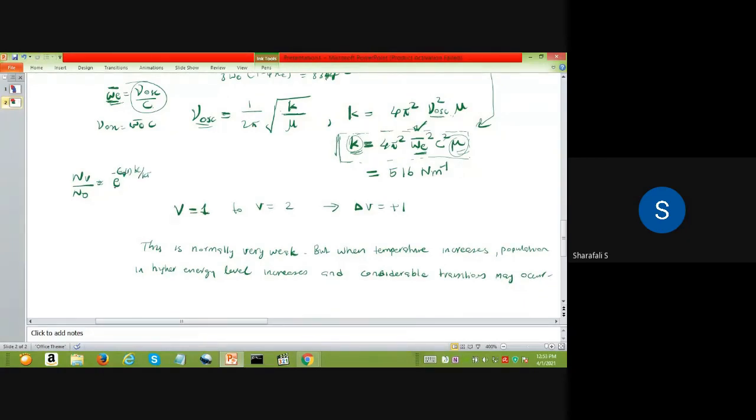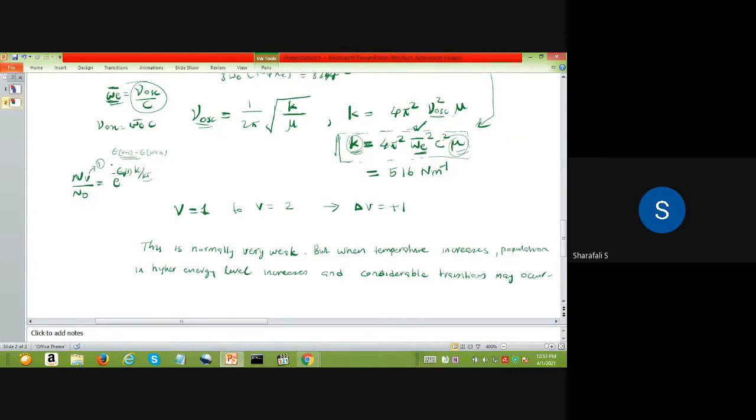If you want to calculate the population at V equal to 1, you substitute V equal to 1 here and calculate epsilon 0 of V, that is nothing but epsilon of V equal to 1 minus epsilon of V equal to 0. So calculate the difference between these two energy levels in terms of wave number, multiply that with hc by kT, and calculate the value.